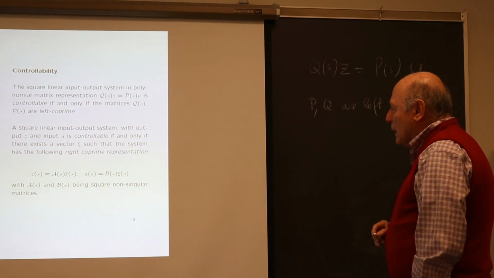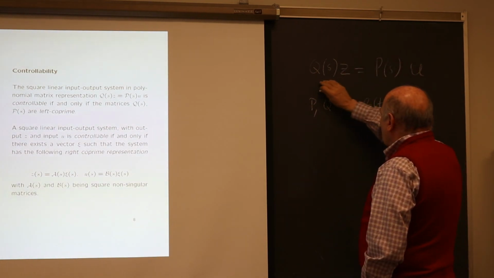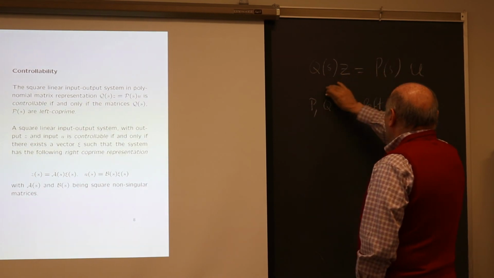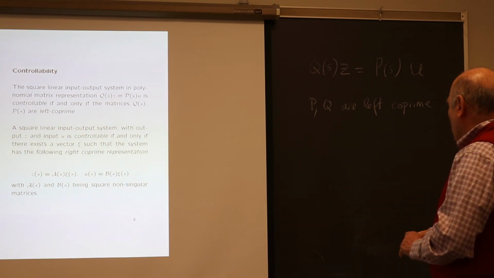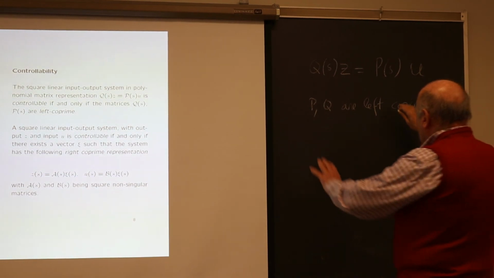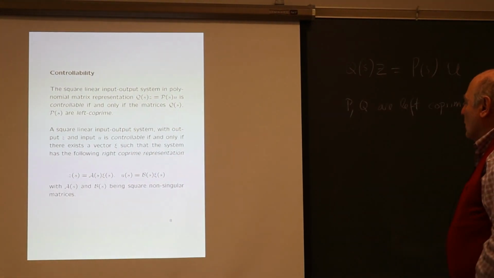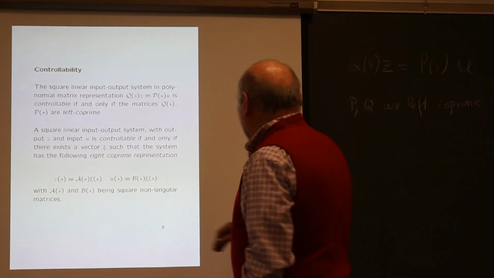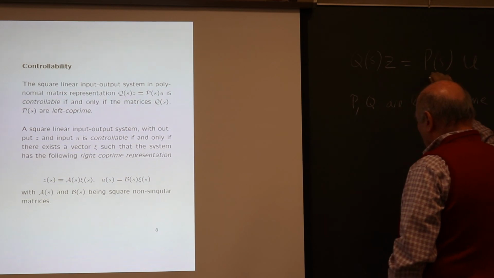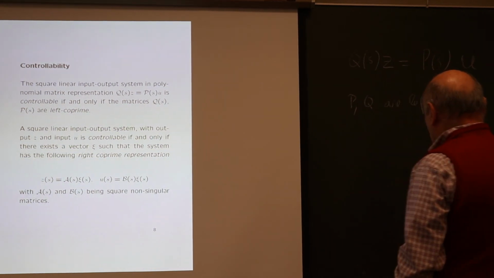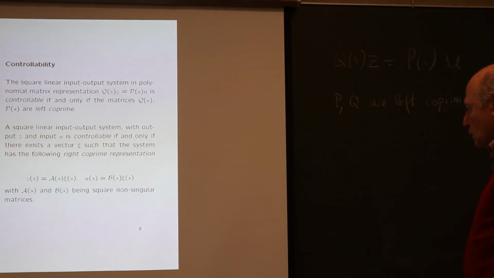The controllability will be completely equivalent to the coprimeness of these two matrices. But since in matrix theory we have to distinguish between right and left coprimeness, we say that if P and Q are left coprime, then this system is controllable. There are no non-trivial common factors between P and Q, except those which are trivial, which are the identity and probably some constant that we're not regarding as a true factor.